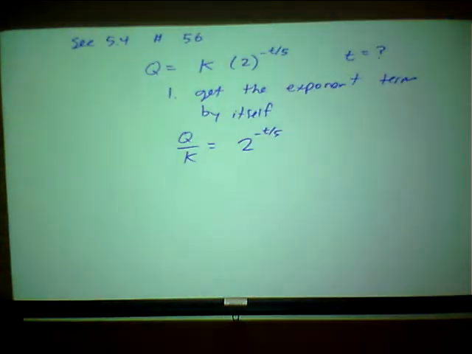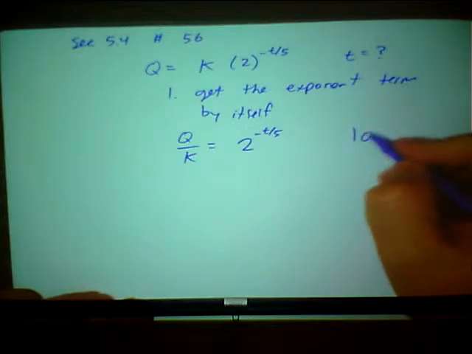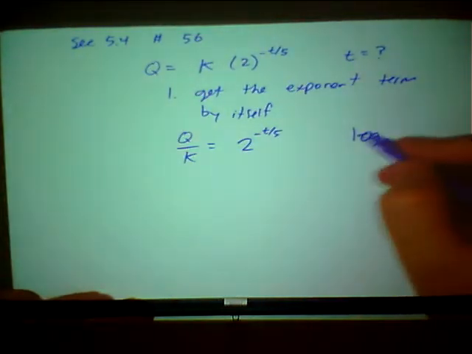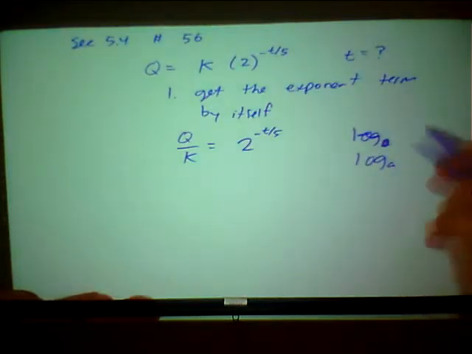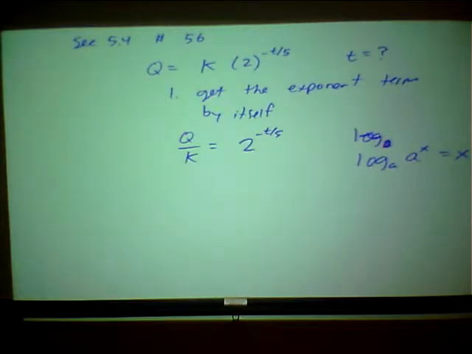Now, one of our rules that we learned about logs is, let me write it like this, sorry. If we have a log base A, and then I'm taking the log of an exponent with also base A, an exponent of x, if I do that, it equals x.